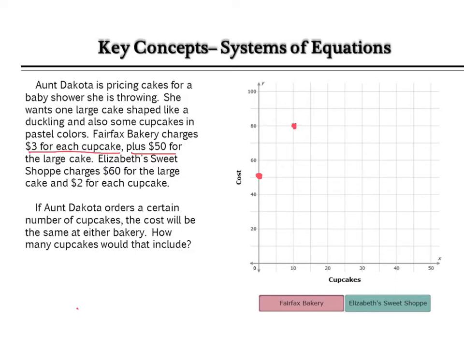And my line would be right through there. Now you're going to have to use a ruler to get your lines really straight. I don't have the luxury of a ruler.